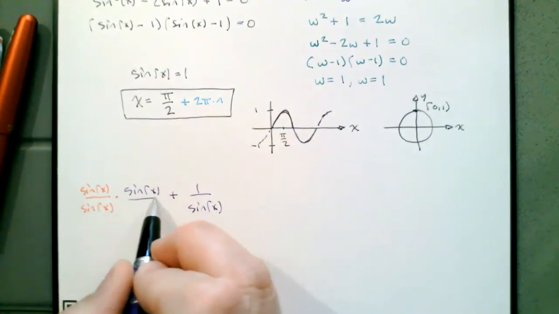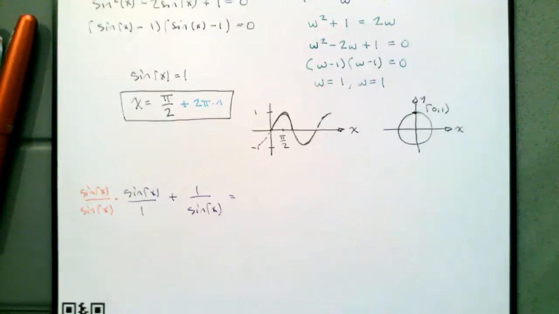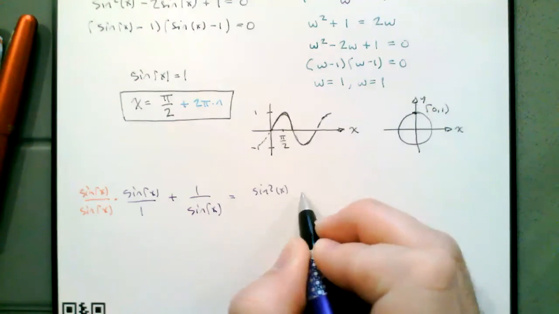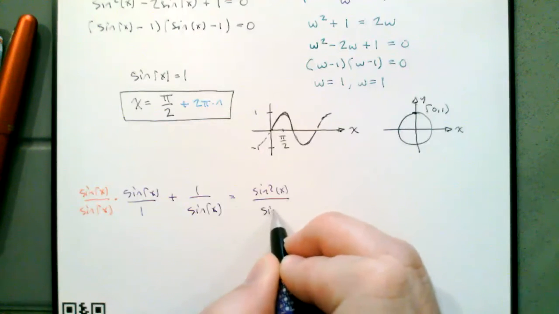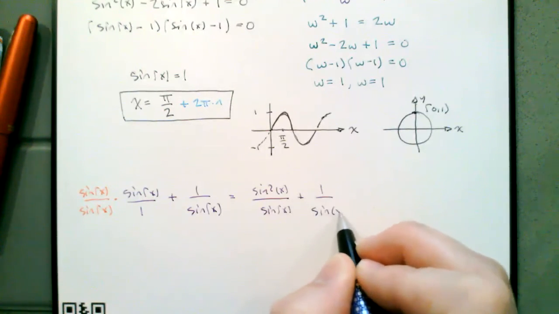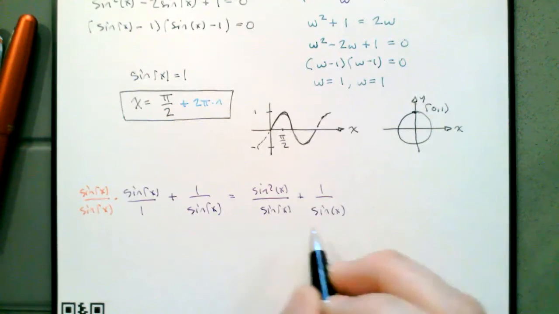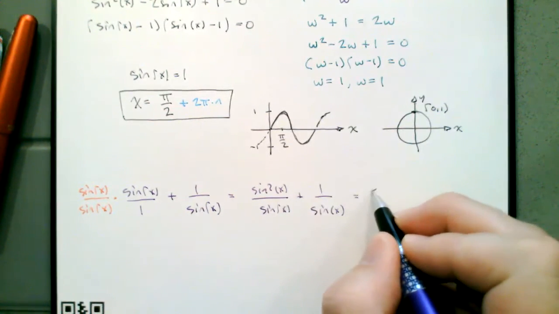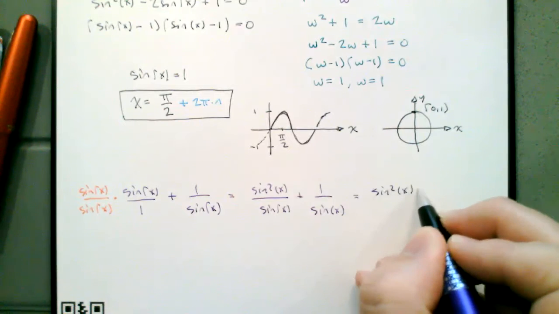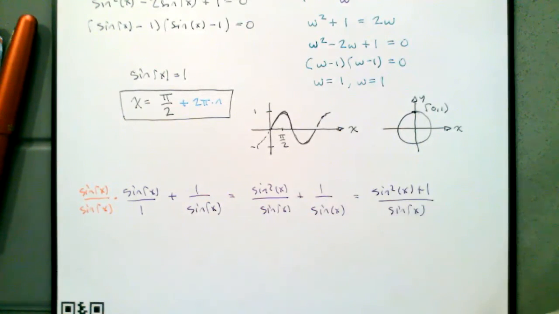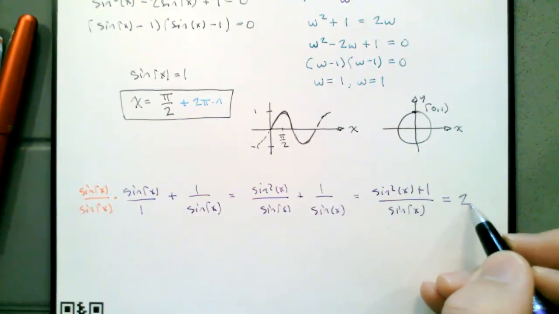So look at the sine x as being over 1 and think get a common denominator. That gives us sine squared x over sine x plus 1 over sine x. And now that we have a common denominator, we can combine the numerators. So it's going to be sine squared x plus 1 over sine x. This is still all equal to 2.